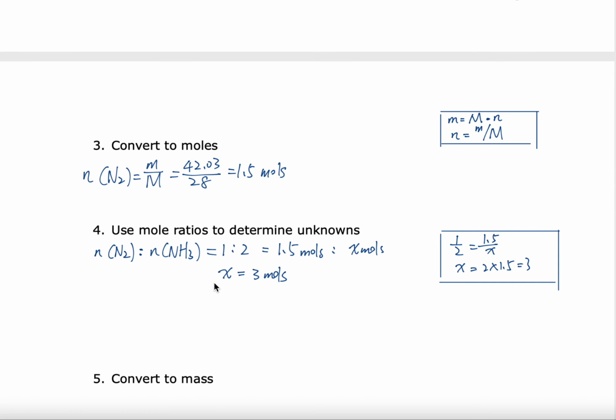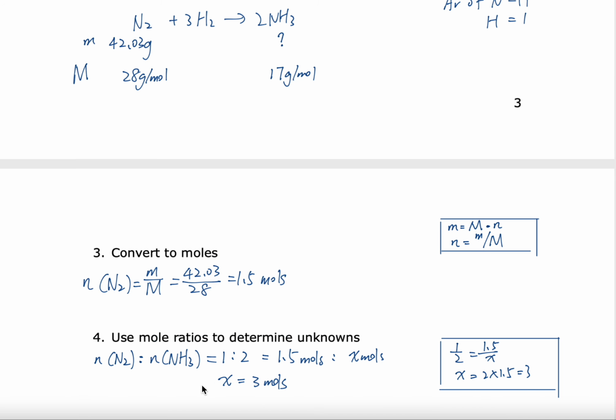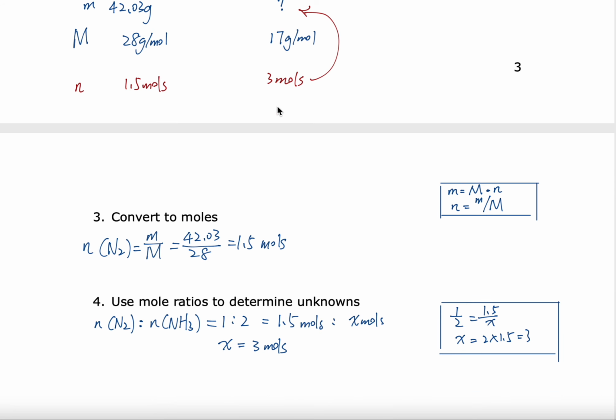Right. Lastly, you want to convert it into mass. So according to this step, I've worked out the number of moles of NH3. This is 1.5 moles, and this is 3 moles. You just need to work backwards to find out the mass. So, using this key formula, baby m is equal to big M times small n.